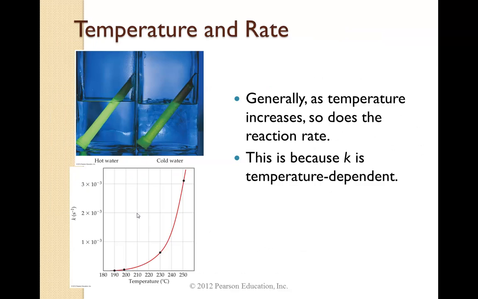Generally, as temperature increases, so does the reaction rate. This is because k is temperature dependent. k, remember, is the rate constant, which is different for every reaction at given temperatures.